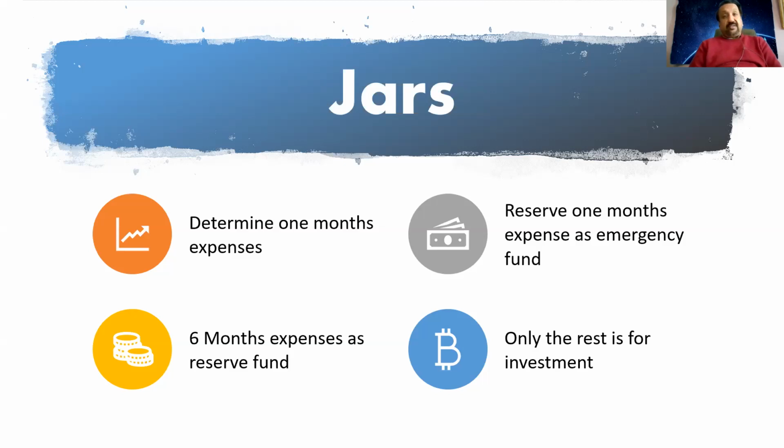You really need to leave it for 5 years to get a good return, but you cannot take it out in a year. Most probably, you would have lost money in a year. That's how it works. So remember, once you get this in place, you're a much better investor. You're capable of leaving your money to grow. And because you have all these jars in place, you are much better at achieving that.